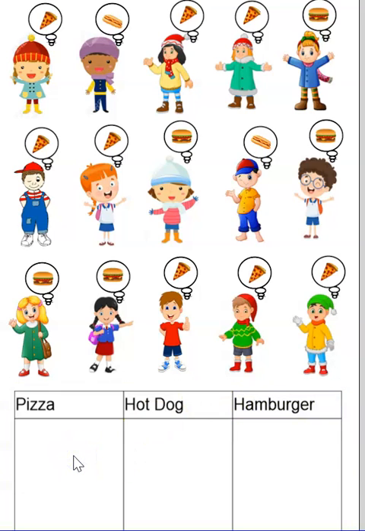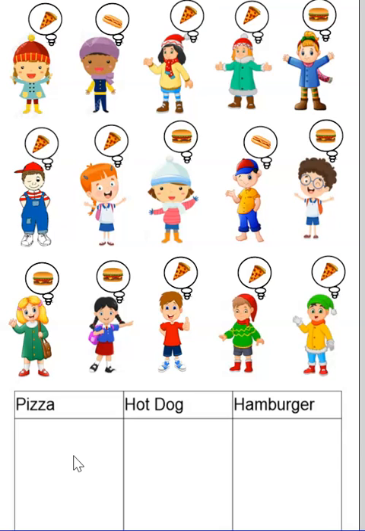So, all these boys and girls like different foods. So, what are some things that you're wondering? I'm wondering how many pieces of pizza I'm going to have to get, how many hot dogs, and how many hamburgers. What else could we wonder?